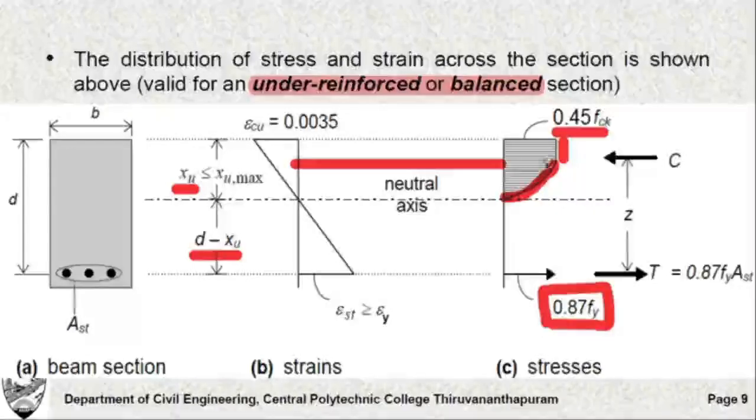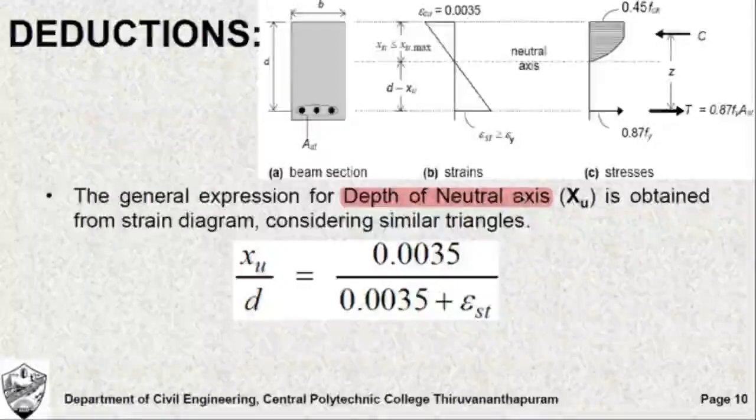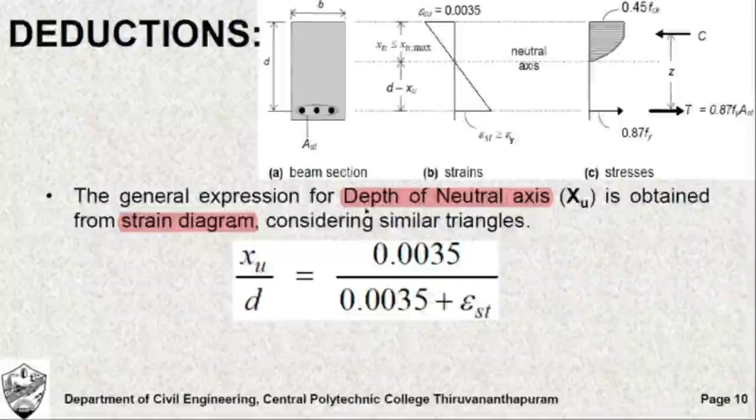Now, knowing these values of stress and strain distribution diagrams, we are going to analyze the reinforced concrete section at the limit state. Let us first find the depth of neutral axis in the beam from the strain distribution diagram. The strain distribution diagram is used to determine the depth of neutral axis of the beam cross section.